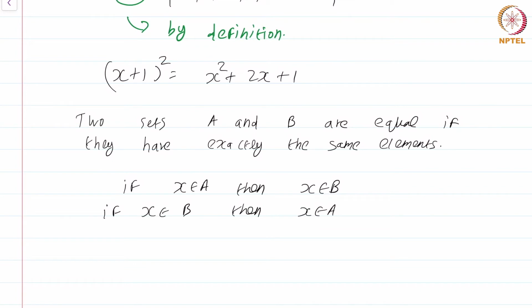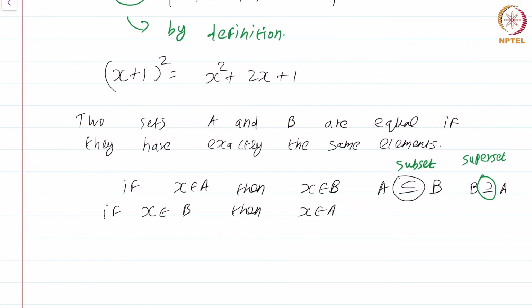Okay. Now, for the first of these, we have a notation. In the scenario where if x is in A, then x is in B, we often write A subset of B. This is called subset. Sometimes we also write B is a superset of A. That's another notation.